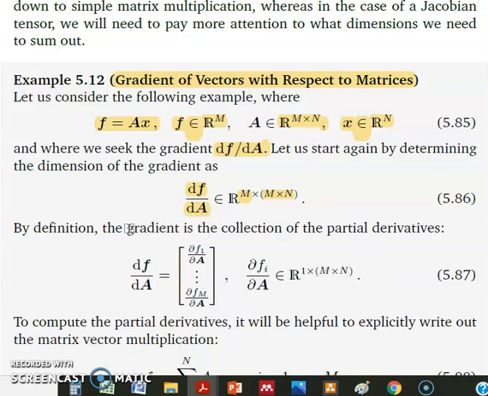Now we know that gradient is the collection of partial derivatives.